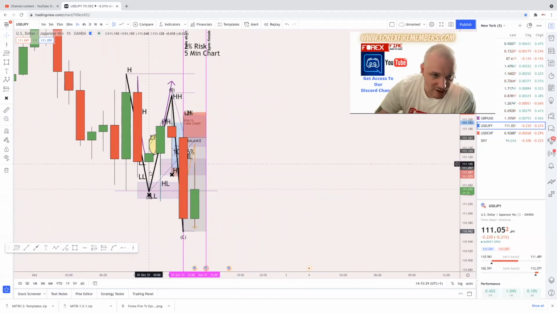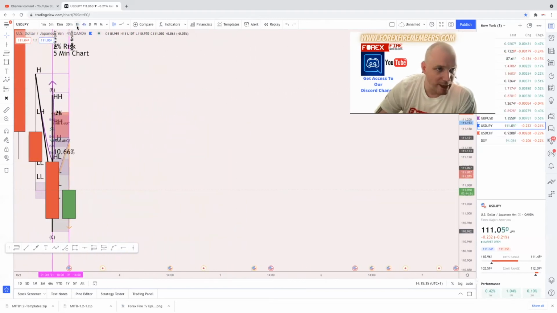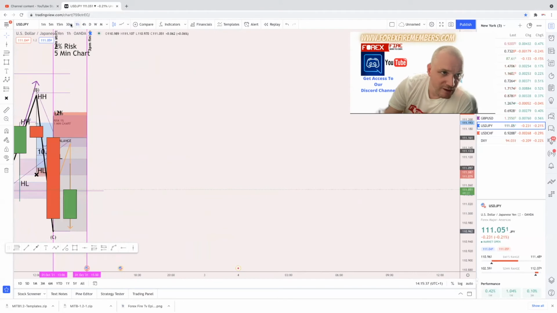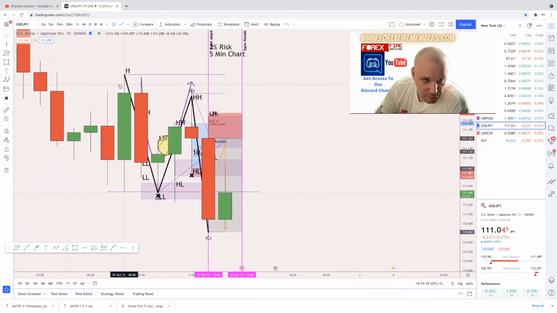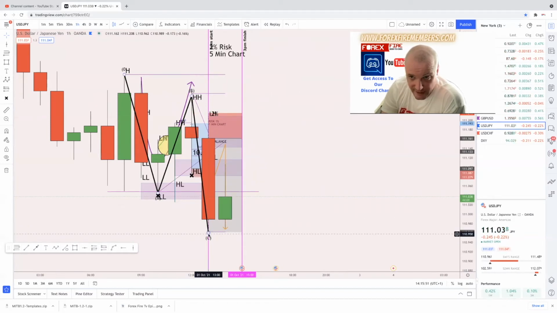So go into the 4 hour. The 4 hour doesn't quite play it. So based upon the 5 minutes with them swing points, it's more or less giving you the high, the low, the higher high, and then the lower low, if that makes sense from an ABC standpoint.